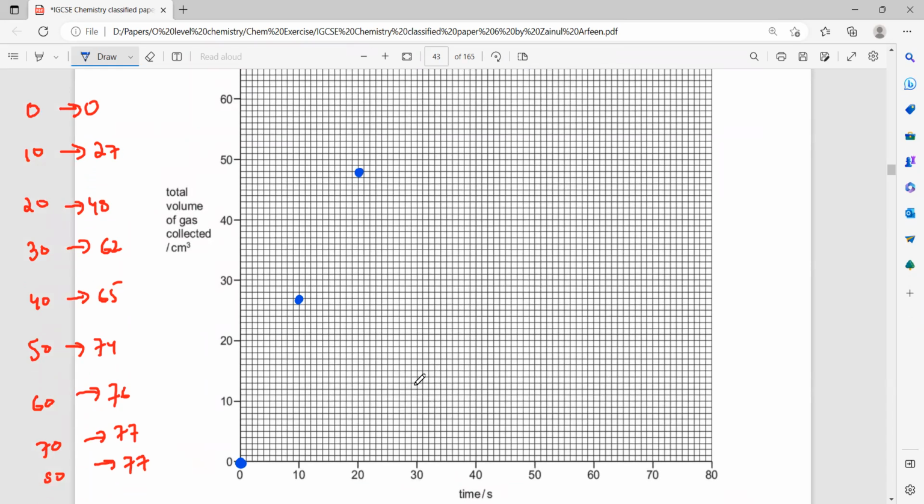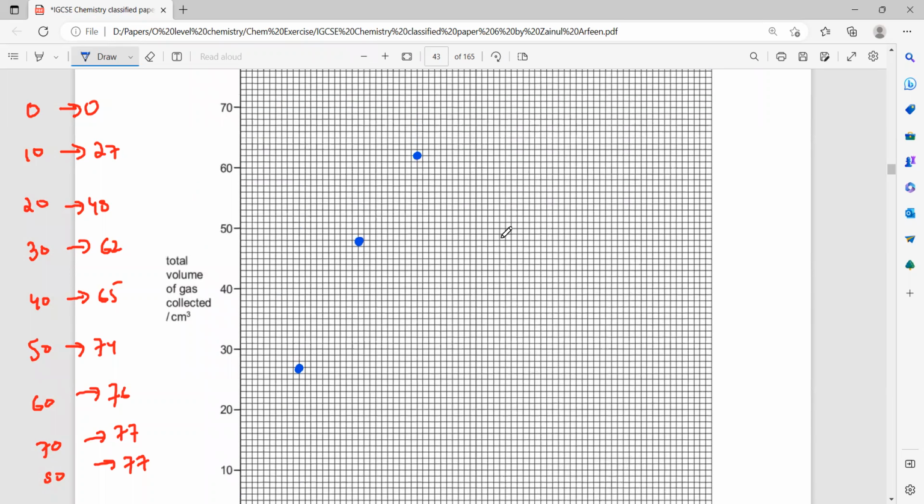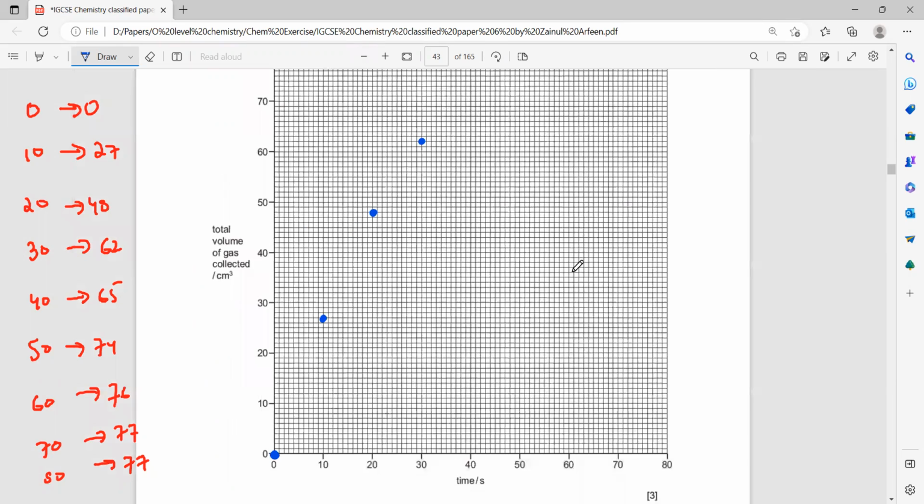So 30. So this is 60, 61 and 62. Then we have 40 and 65. So this one is 40. And this was 62, 63, 64, 65.